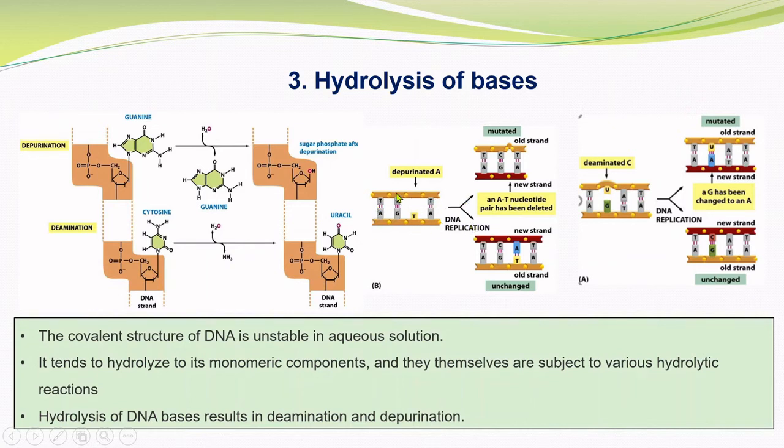The strand with the apurinic site has an abnormality, and a deletion would occur at this point because DNA polymerase would be unable to read this apurinic or apyrimidinic site, and a deletion would happen in the DNA strand, and deletion can cause mutations.